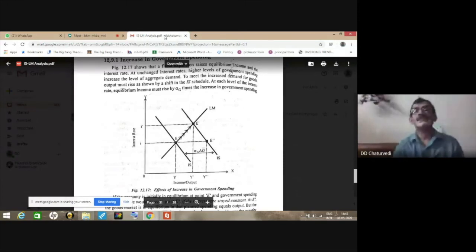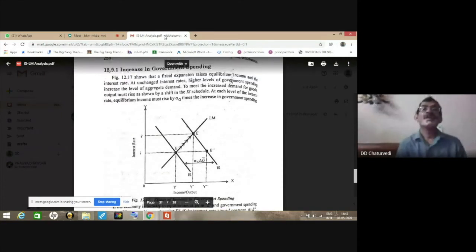The reason is, in this particular chapter, when we shift the IS curve to the right, the rate of interest also increases. And due to the rise in the interest rate, the new equilibrium in the goods market is established at a point E dash rather than E double dash.